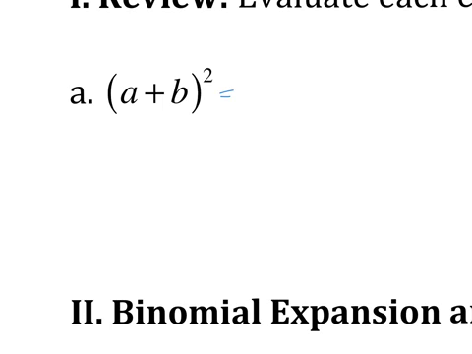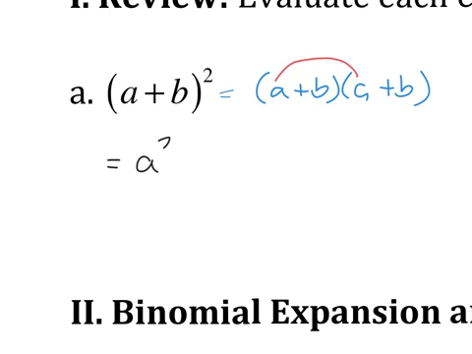By default, what we probably did was something like this. If we didn't have the rule memorized, you would write them back to back like this, a plus b times a plus b. And then you either did FOIL or double distribution to get a squared, then a times b is ab.